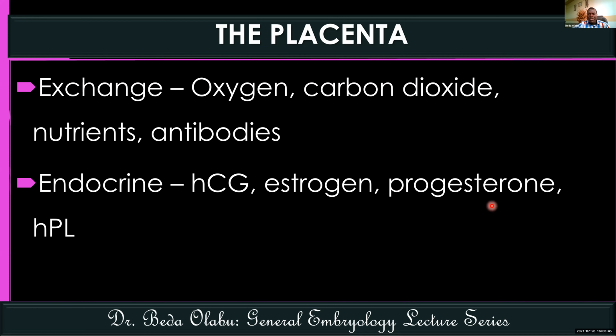Once the placenta takes over, it means that it will be producing its own progesterone to maintain the pregnancy. Apart from maintaining pregnancy, progesterone is also important for development of the breast, just like estrogen. And lastly, we have HPL, which stands for human placental lactogen. Human placental lactogen promotes breast development during pregnancy.